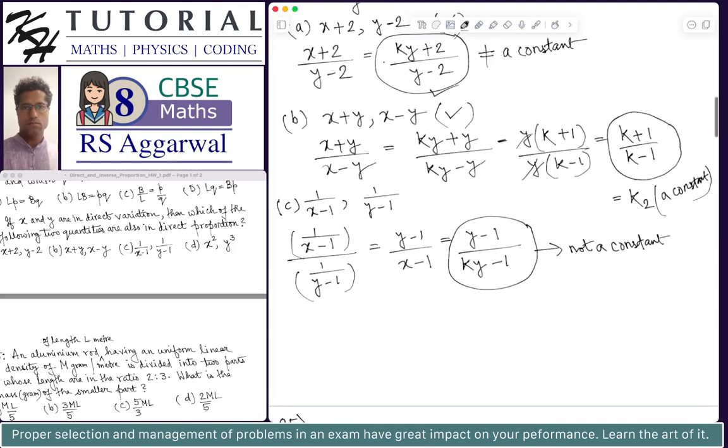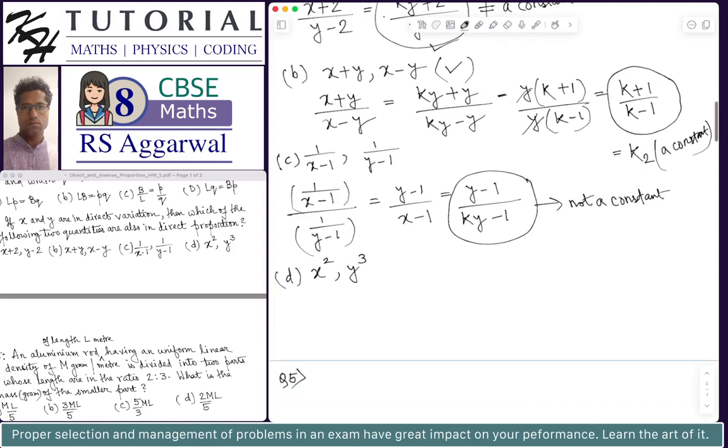We can also check that the quantities mentioned in option choice D, x square and y cube, are also not in direct variation. So we need to check the ratio x square by y cube.